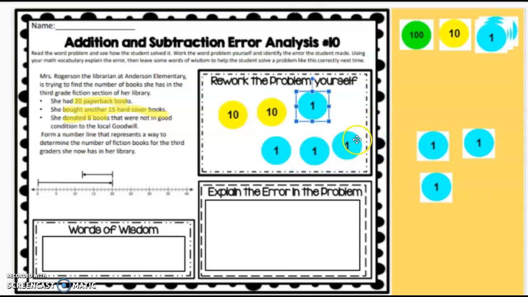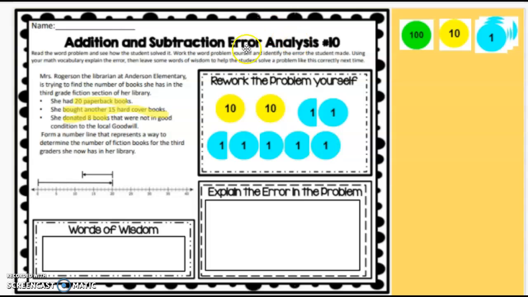And to make this look a little bit neater, I'm just going to move some stuff around really quickly. Okay, so I have this all nice and neat. Now, this is going to be my answer. So if I'm going to explain the error in my problem, what was the error in our problem?